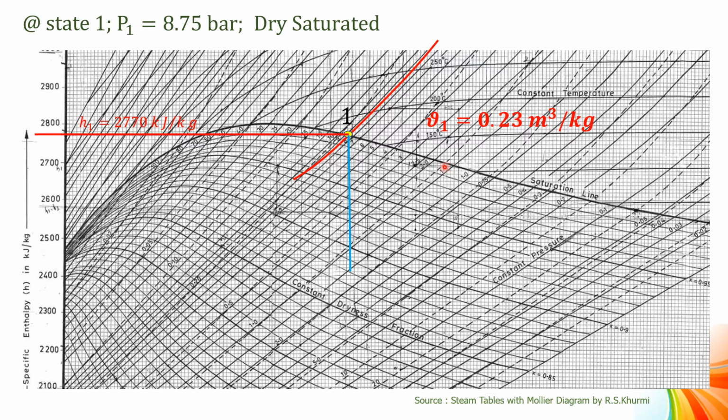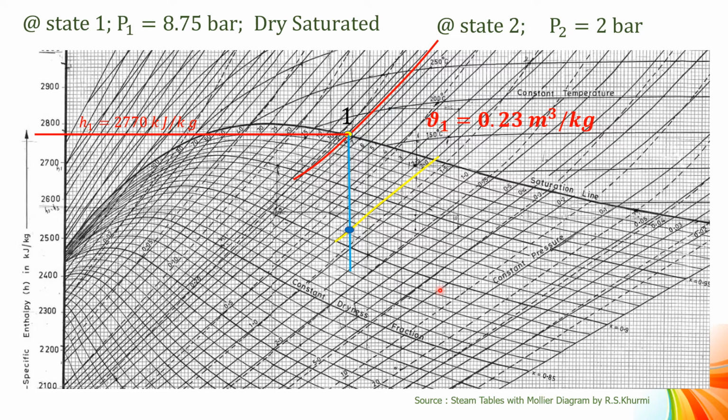Now the flow taking place in the nozzle is isentropic. Therefore, we have to draw a constant entropy line from point 1. Now at state 2, the pressure P2 equal to 2 bar. Now draw a 2 bar pressure line. The 2 bar pressure line and the constant entropy line are intersecting at this point.